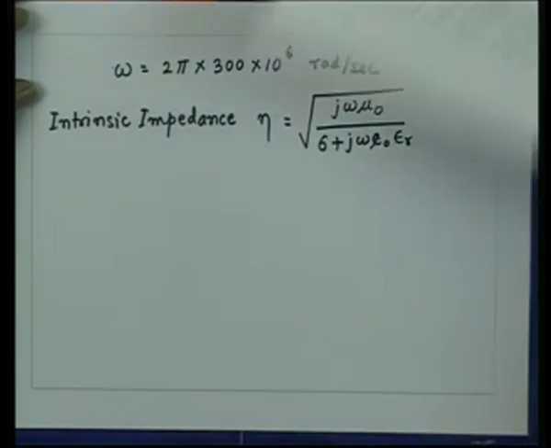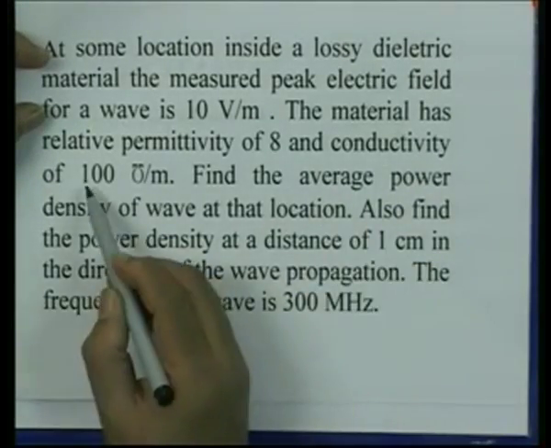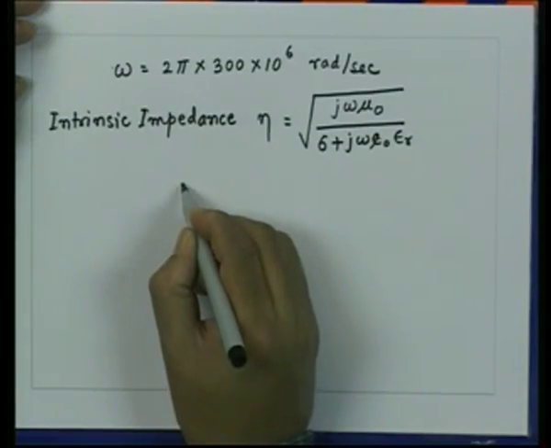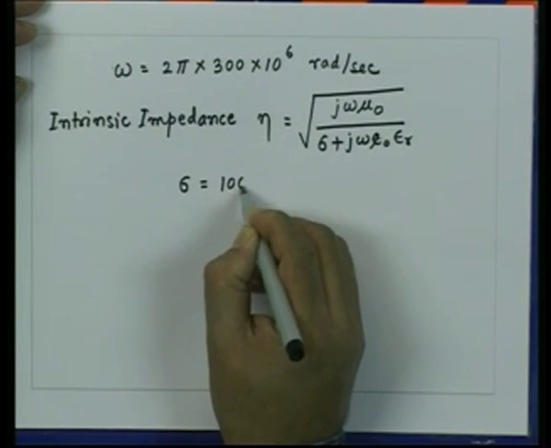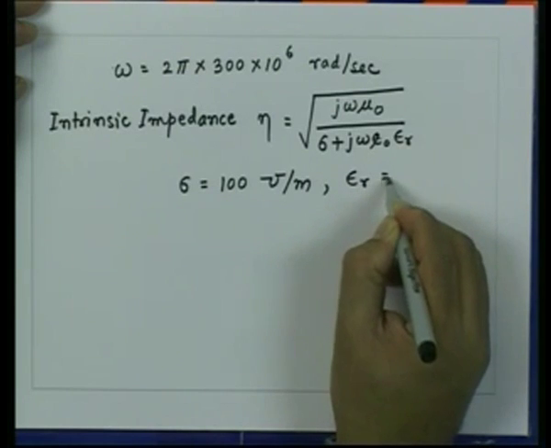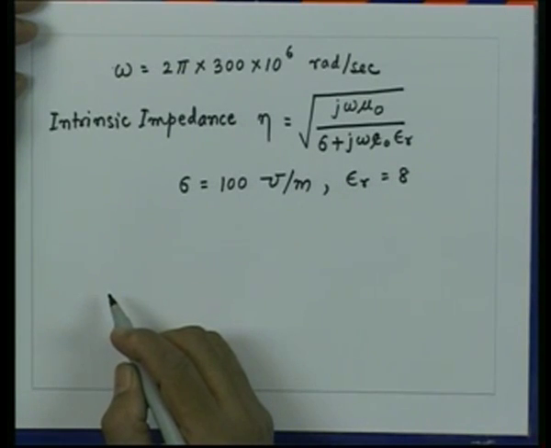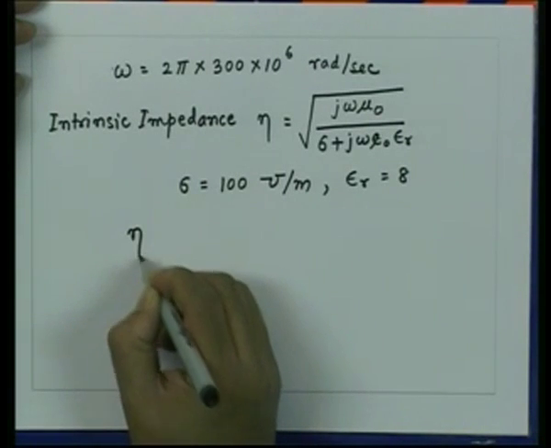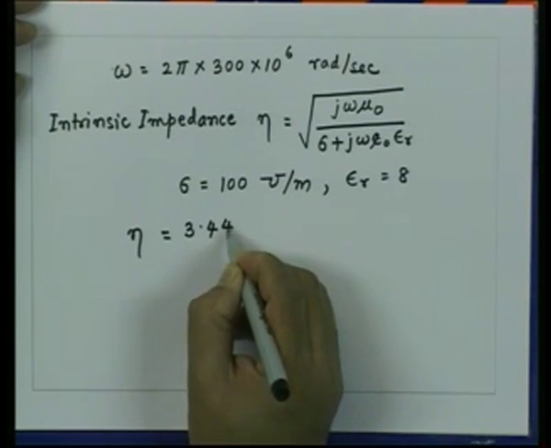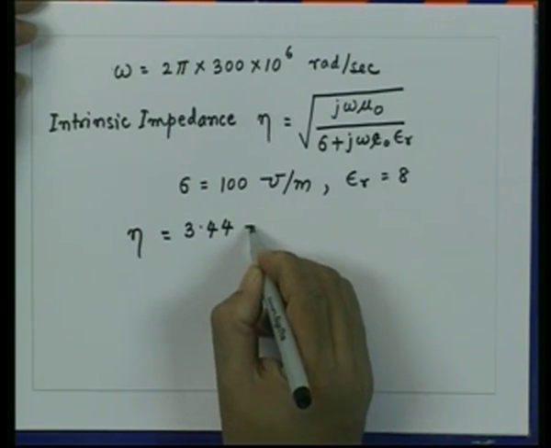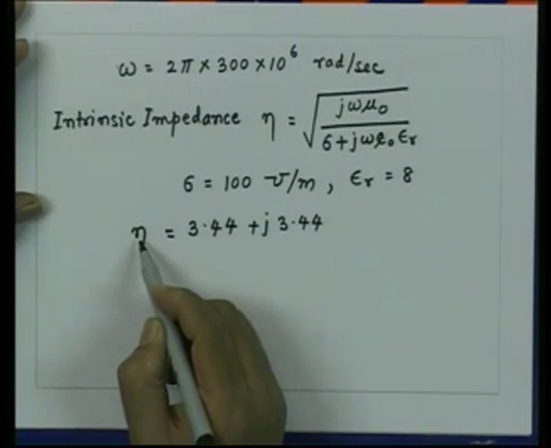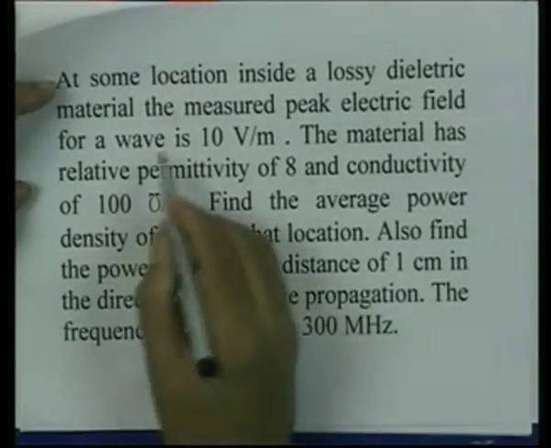So, substituting now these values, that the conductivity sigma is 100 mhos per meter and epsilon r equal to 8, we get the intrinsic impedance of the medium eta equal to 3.44 plus j 3.44.